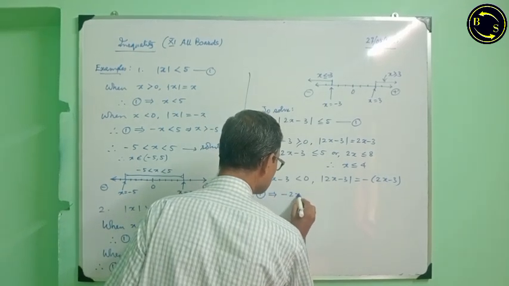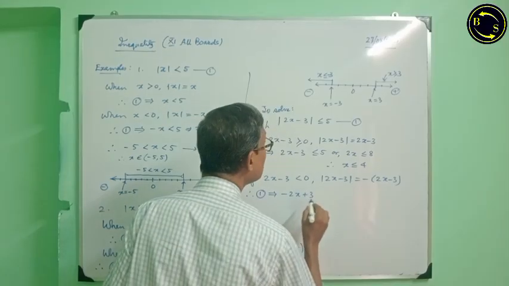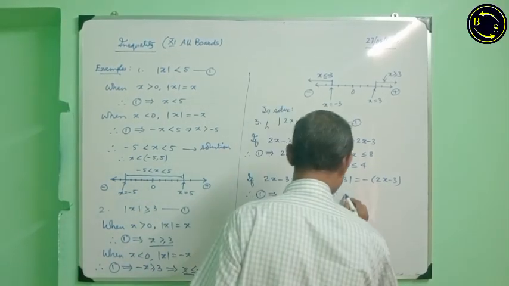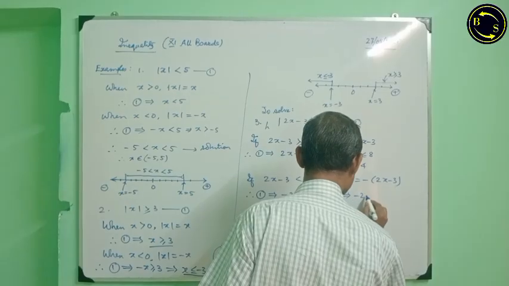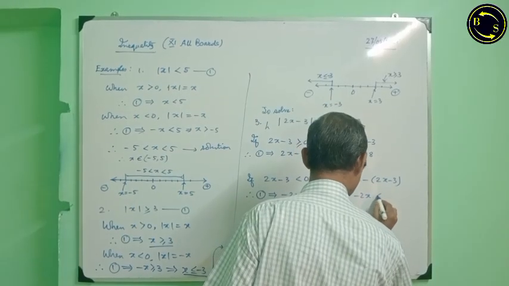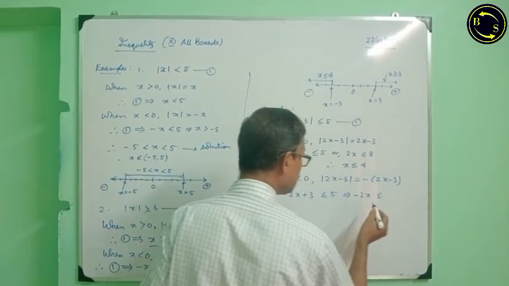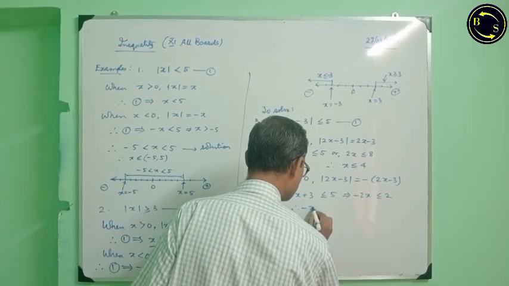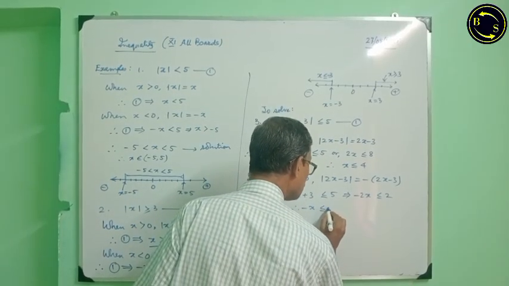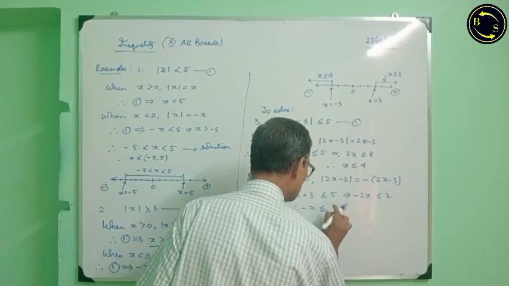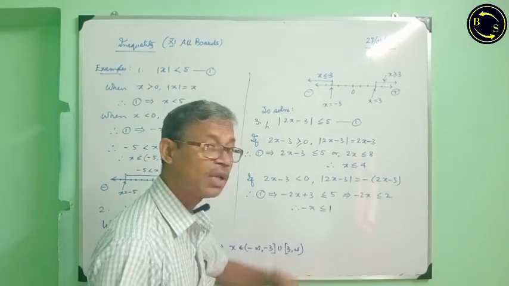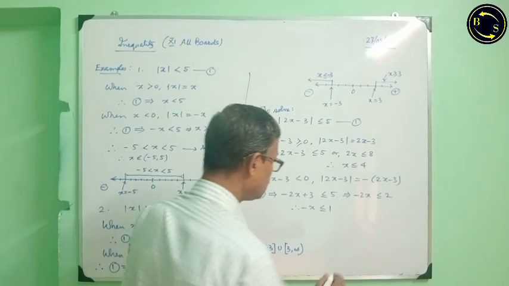Therefore, from 1, what we get? Minus 2x plus 3 less than equal to 5. From that, minus 2x less than equal to 5 minus 3, 2. Therefore, minus x less than equal to 1. Now to get x, we will multiply both sides by minus 1.